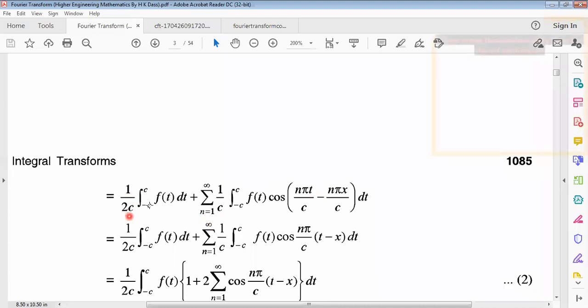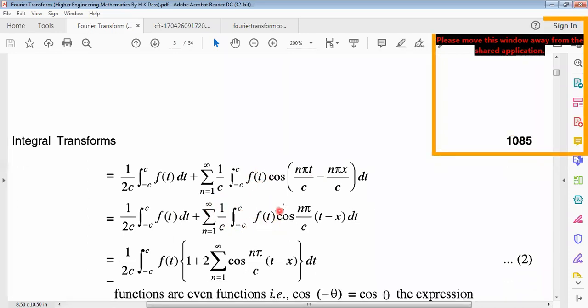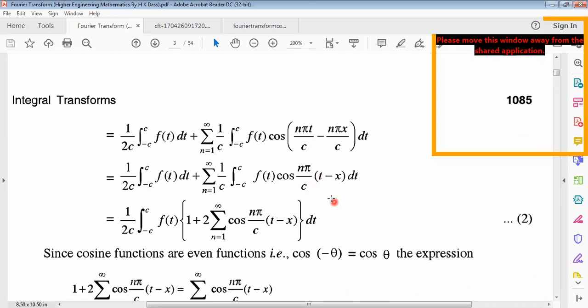So 1 by 2c integral from minus c to plus c of f of t dt plus summation n equals 1 to infinity 1 by c integral from minus c to plus c of f of t, and cos, taking n pi by c common, we get only t minus x here. After this line, 1 by 2c integral from minus c to plus c of f of t is common from these two terms.